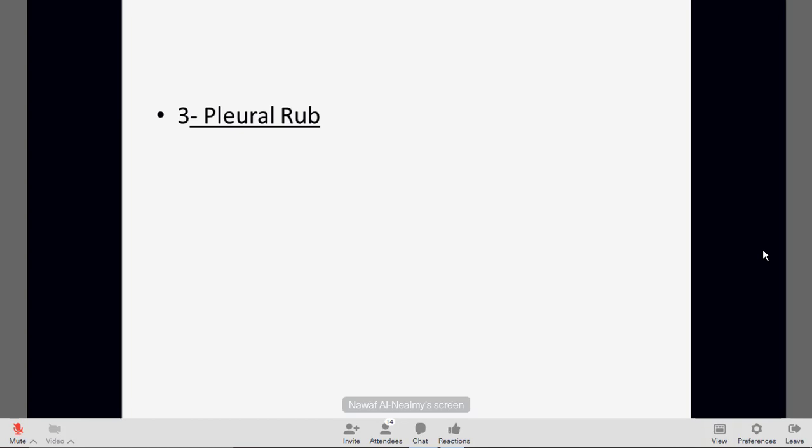Pleurisy can occur in the setting of نيمونيا، بكتيريال نيمونيا، هون راح يصير عندي finding مع الكونسوليديشن، ممكن يكون معاها فلورب. كذلك in case of uremia مثل ما قلنا chemical pleurisy, and sometimes also in case of pulmonary embolism.